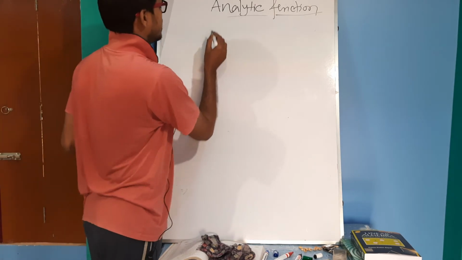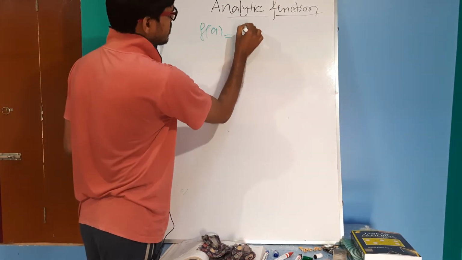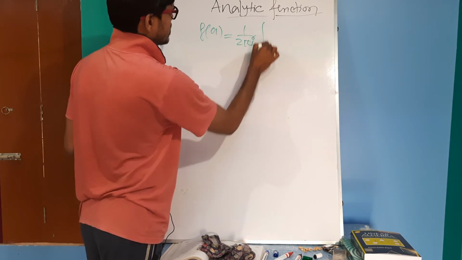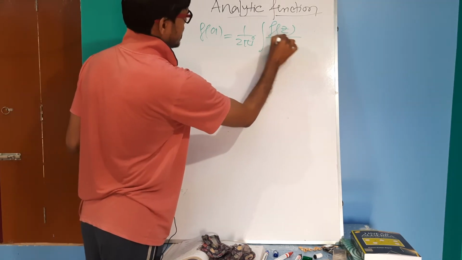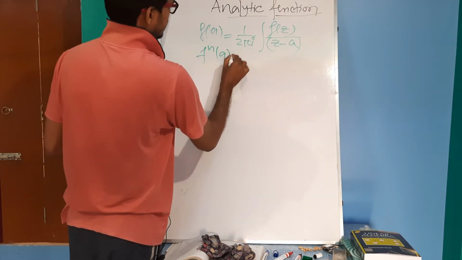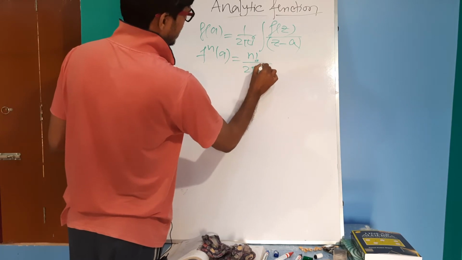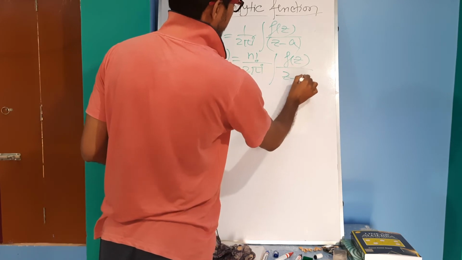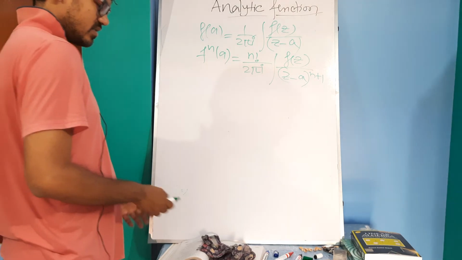Now Cauchy integral formula says f of a will be equal to 1 by 2 pi i integration f of z by z minus a dz, and its extended form will be like this: factorial n by 2 pi i integration over f of z by z minus a whole to the power n plus 1. So we have to prove here.